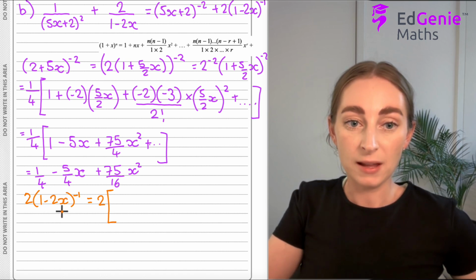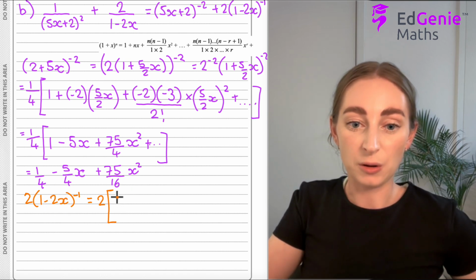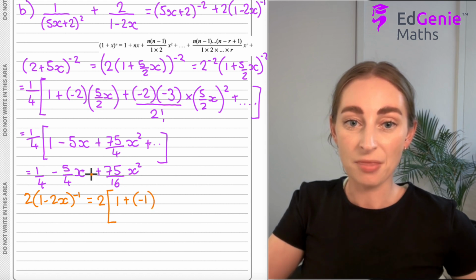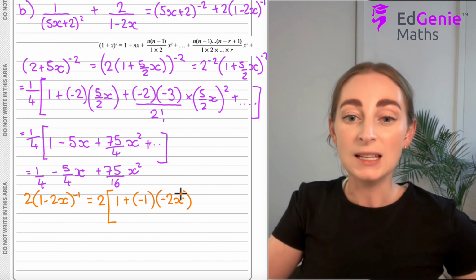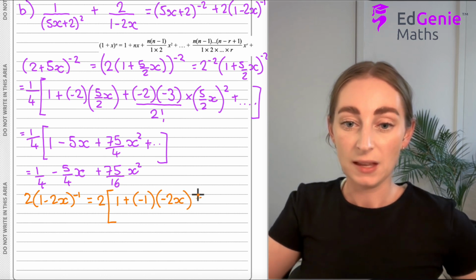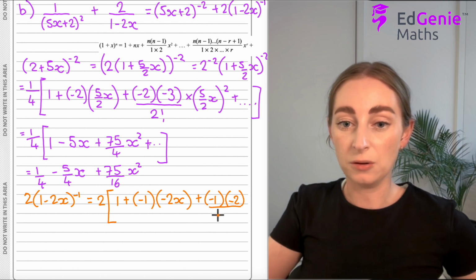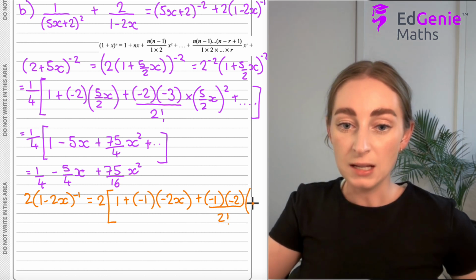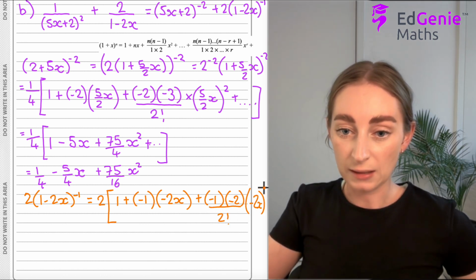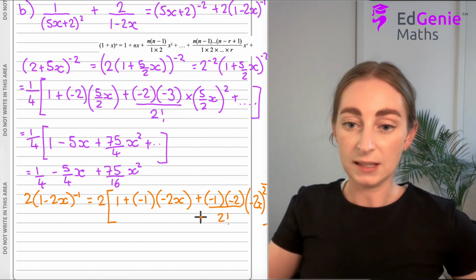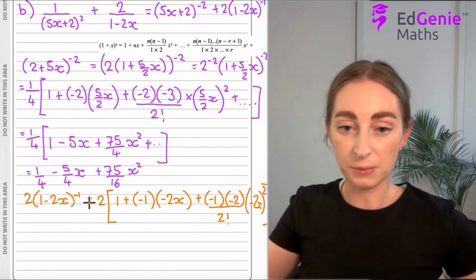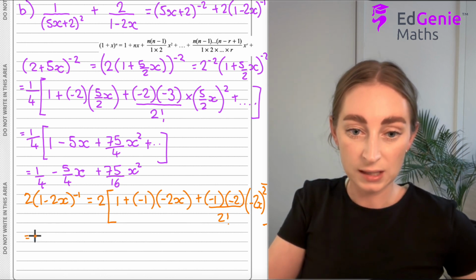So multiplying this out, we have got 1 plus, and n is -1, times by x, and x is actually -2x. Next one, we're going to have -1 times -2 all over 2 factorial times by -2x all squared. Okay, and that is the end. There are other terms, but we only need to go up to x squared.